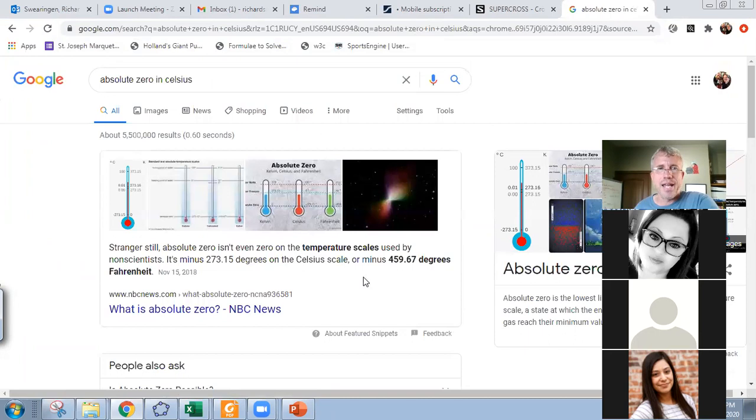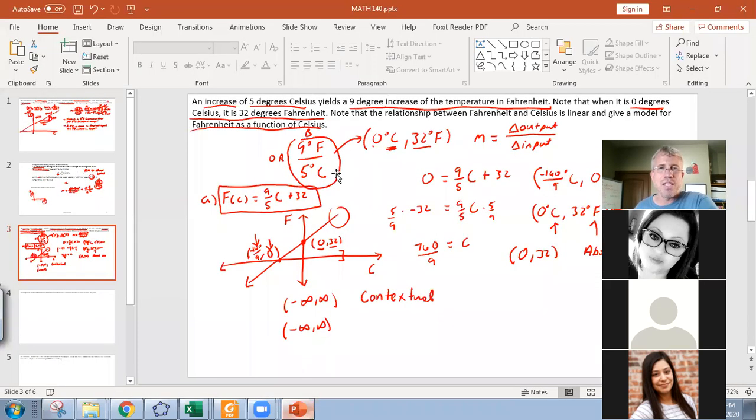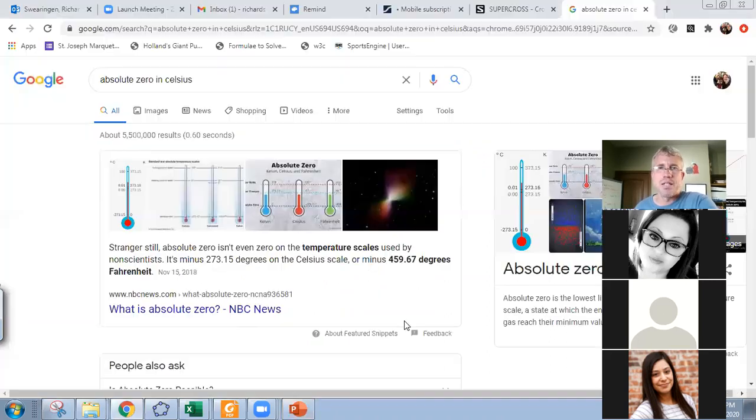Or, hey, if you put this number into the function, so if you feed in negative 273.15 as an input for the Celsius, then the Fahrenheit would output. And that would be the lowest possible temperature in Fahrenheit that you could get.